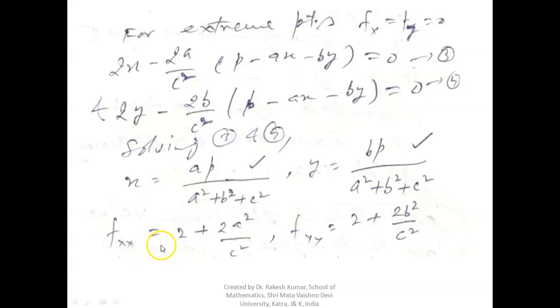Now again you can find fxx like this and fyy this, and fxy will come out to be this. Then when you find rt minus s square, it will be this one, which is greater than 0.